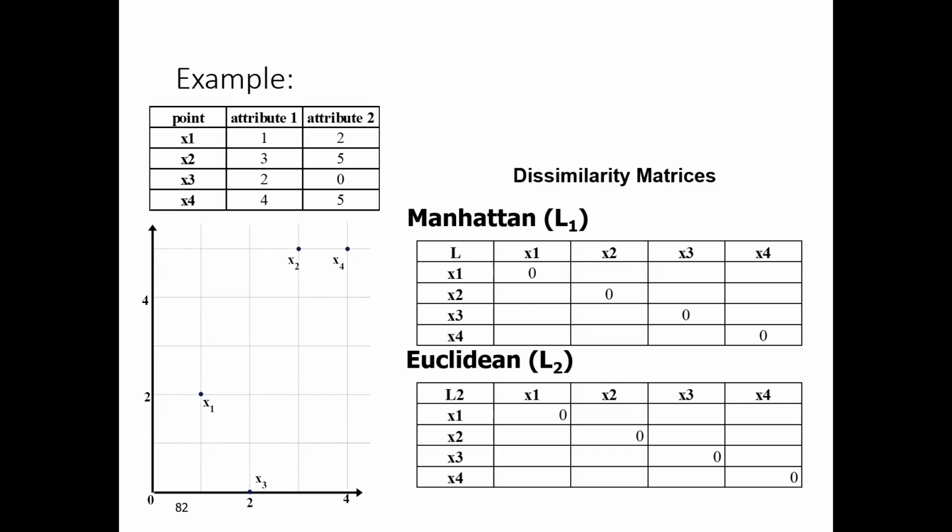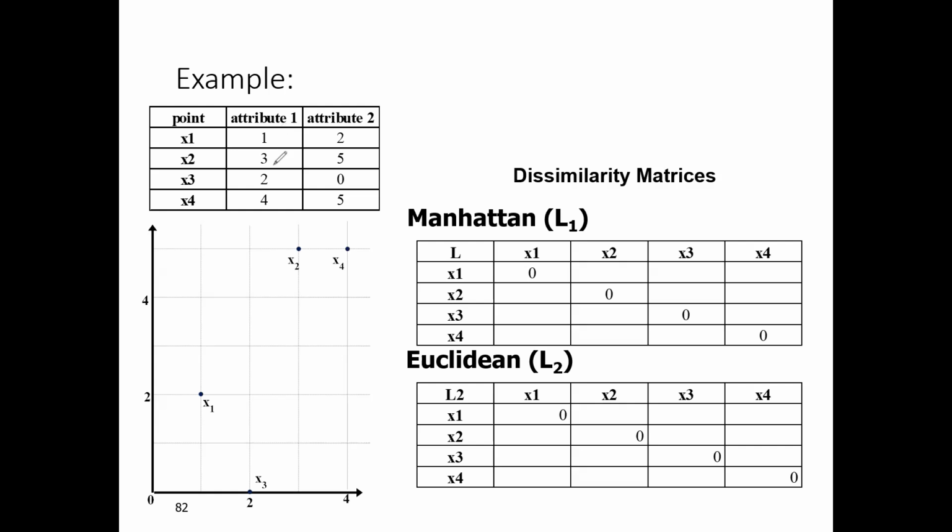In this part, I am going to talk about how to calculate the distances. Let's focus on the Manhattan distance, where we take the absolute values. You first calculate the difference between x1 and x2. For example, x1 here is 1 and x2 is 3.